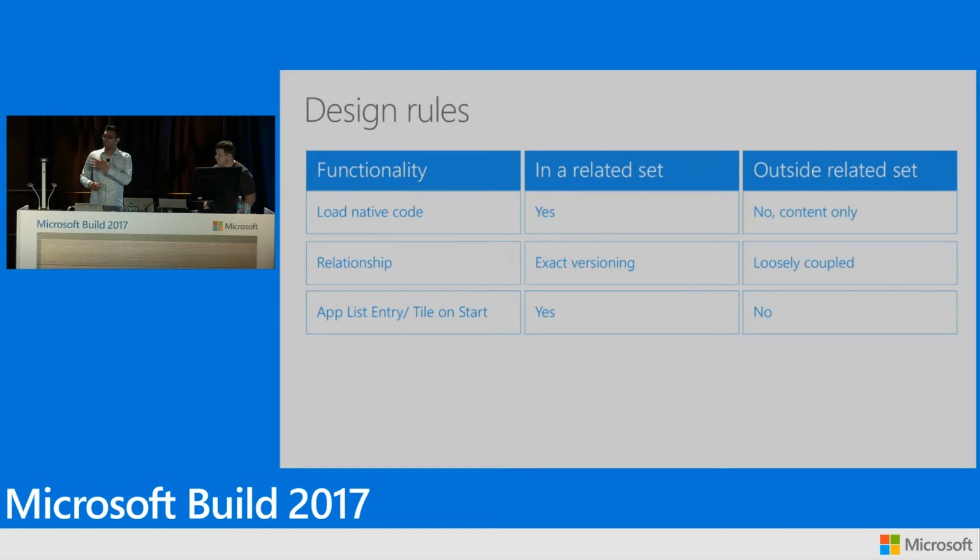To give you an example, none of the examples that I showed you were just very simple apps. But to put things into perspective, about a week ago, Terry Myerson had announced that Office 365 is coming to the store. And Office 365 has all of your favorite apps like Word, Excel, PowerPoint. All of these apps are actually optional packages.